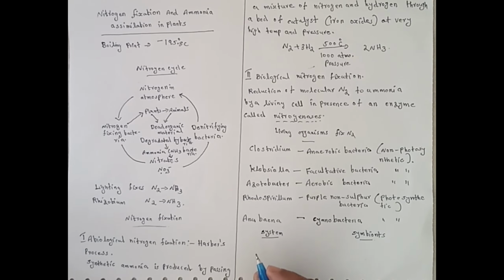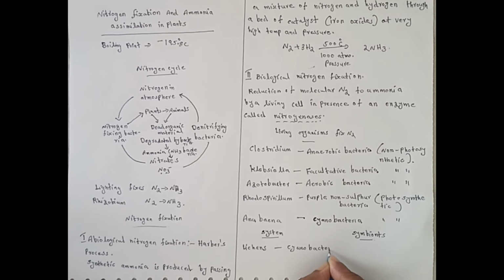First, lichens. The two partners are cyanobacteria and fungus.